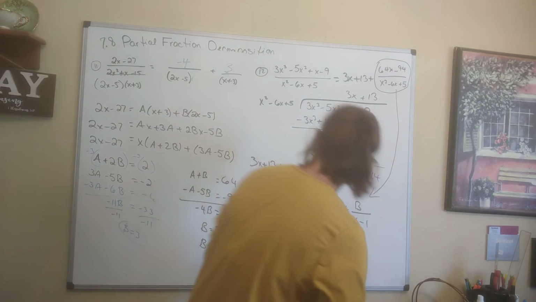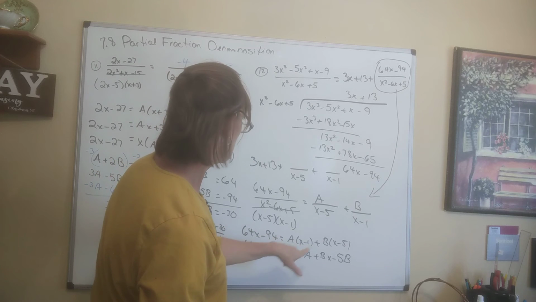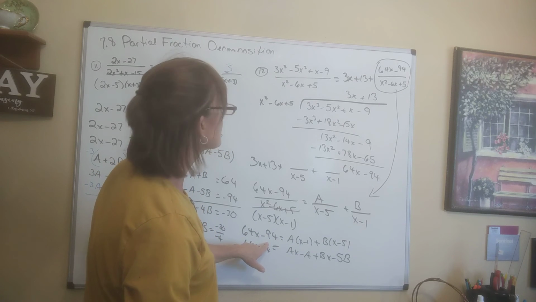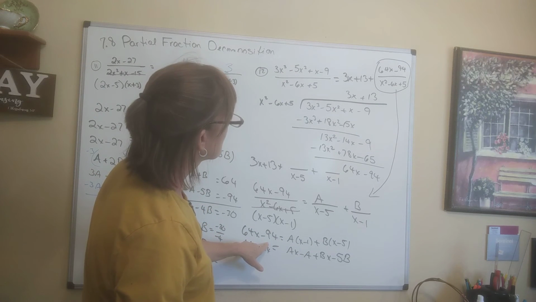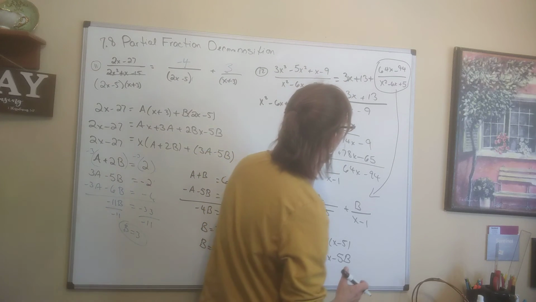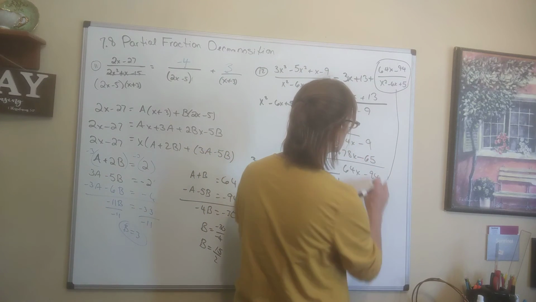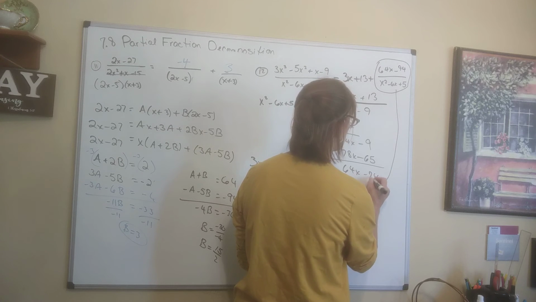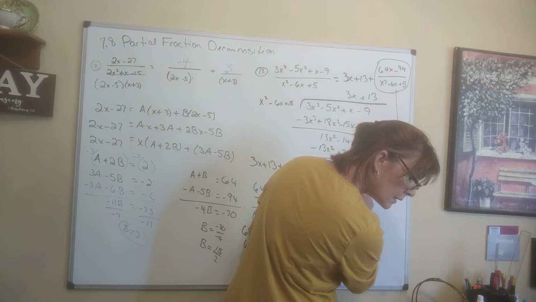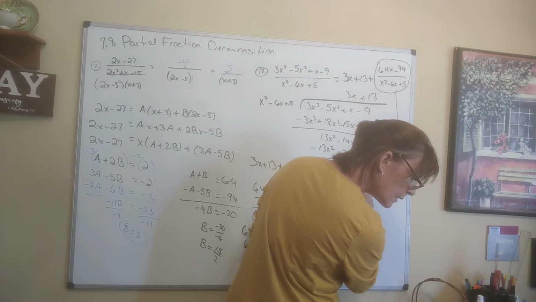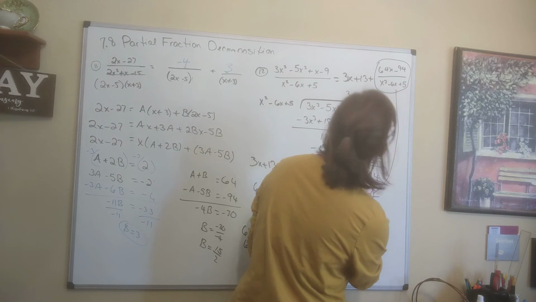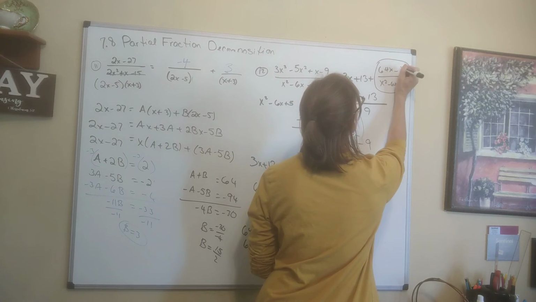Let me just check. Did I write down the wrong things? I wrote a 94. Is that supposed to be a 74? Hang on. This plus this. It's supposed to be a 74. I can't read my writing. Sorry. That's a 7, not a 9. Okay. This is a 7.